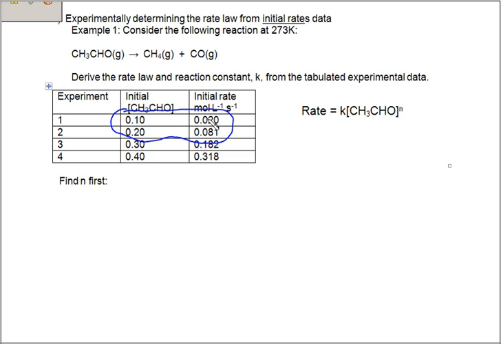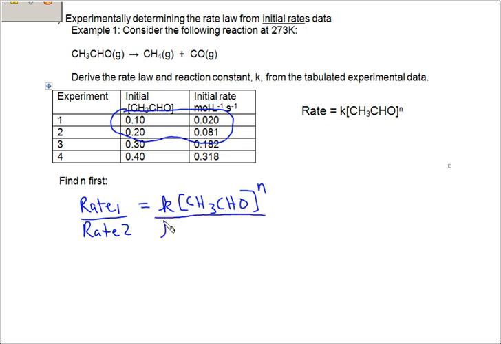We know that we can look at rate 1 and compare it to rate 2. Rate 1 is going to equal K times the concentration of our reactant raised to some power, N. And N is what we're trying to find out.